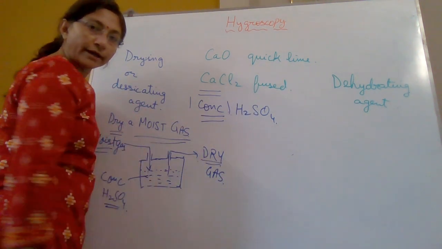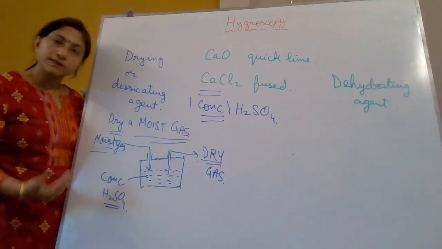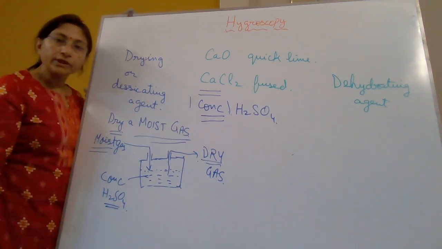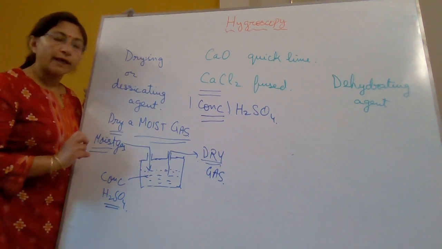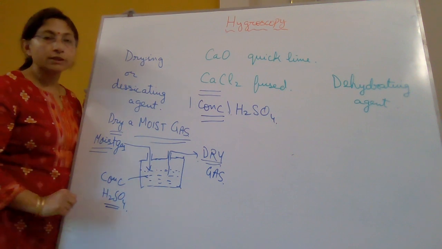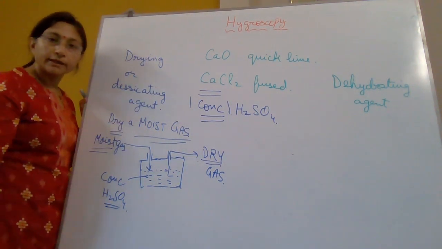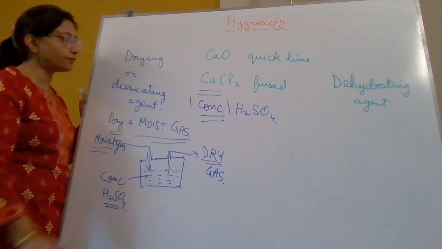Now what is a dehydrating agent? A dehydrating agent works the same. A dehydrating agent also absorbs the moisture from any moist gas, but here is one difference between a drying and a dehydrating agent. What is the difference?